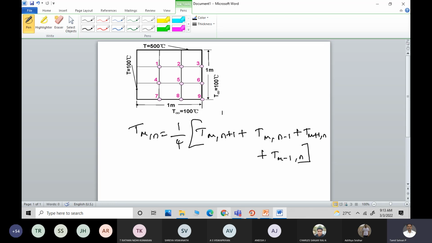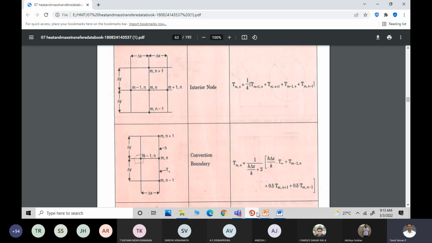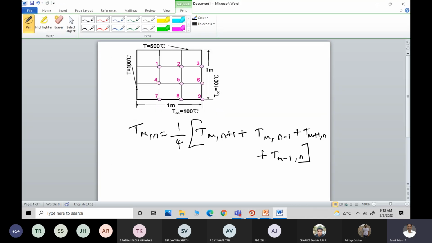Is it right, students? Yes, sir. T(m+1,n), T(m,n+1), T(m-1,n), T(m,n-1). Okay, so that's what I have written here.